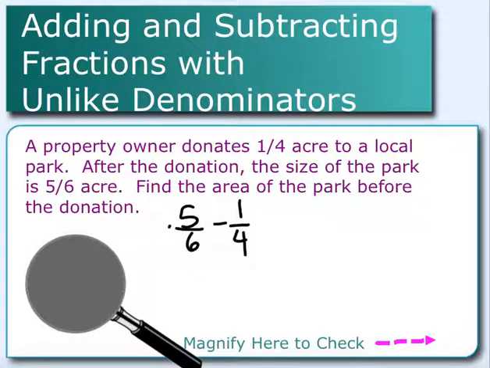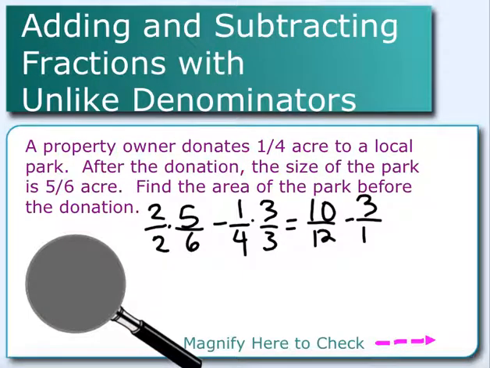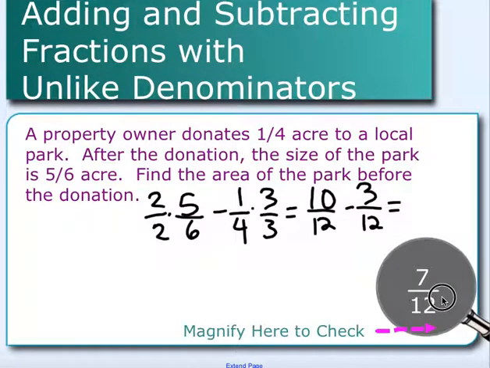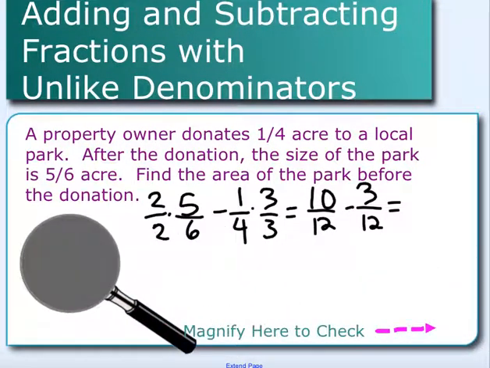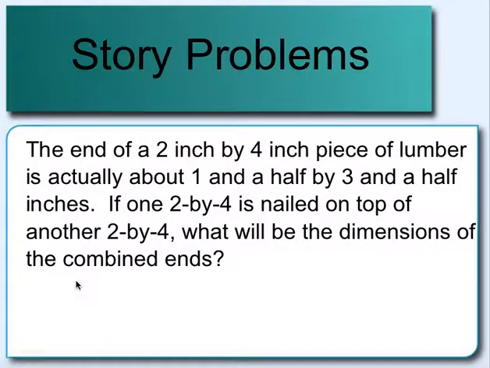Well, common denominator is 12, so we need to multiply by 2 over 2, 3 over 3, and I'm actually subtracting 10/12 minus 3/12. So the size of the park before the donation should be 7/12. 7/12 of an acre. All right.